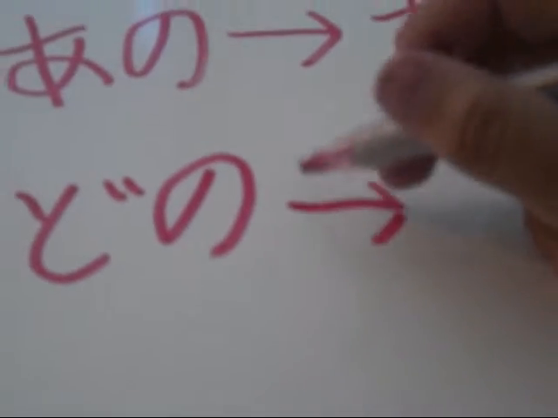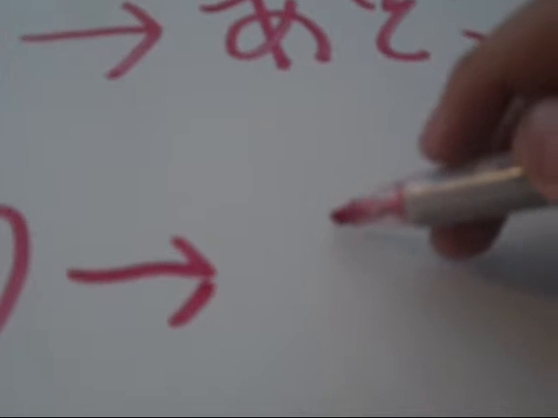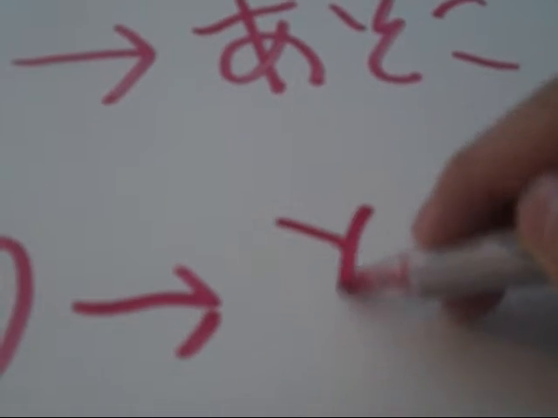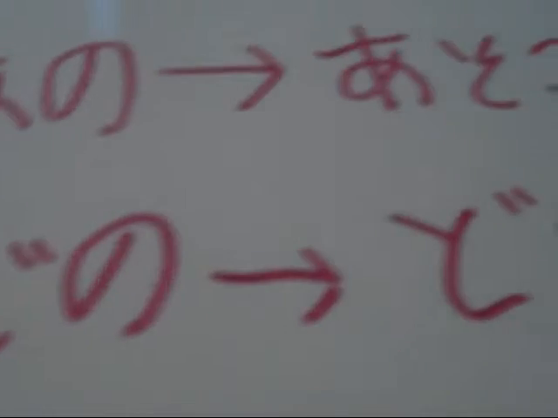So there always has to be a noun after it, just like kono, sono, ano, and dono. And then the question word for place, which you learned yesterday, doko, is following this pattern. So you have dore into dono, which is before a noun. Then you have doko, which is a question word for location, meaning where.